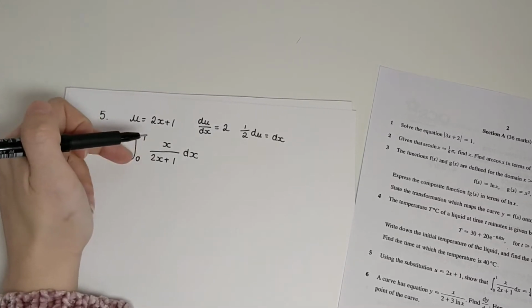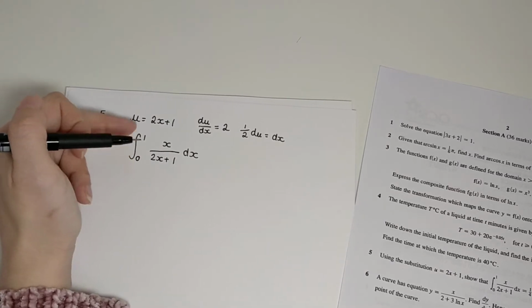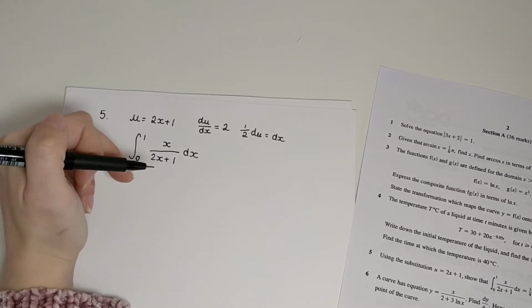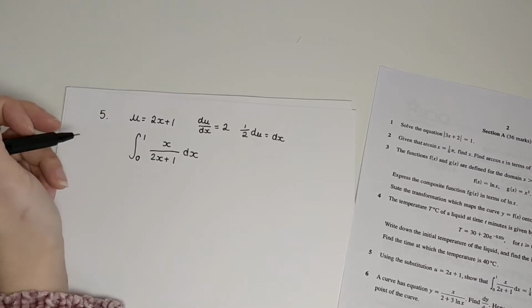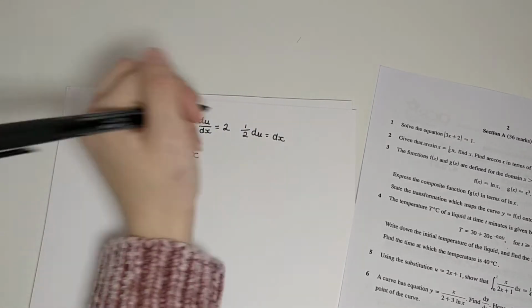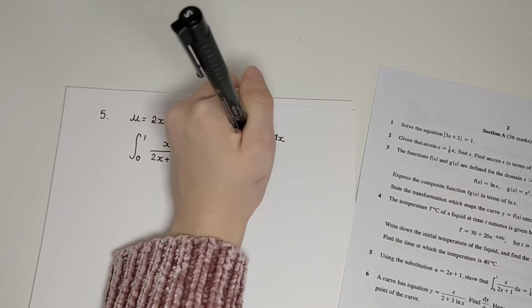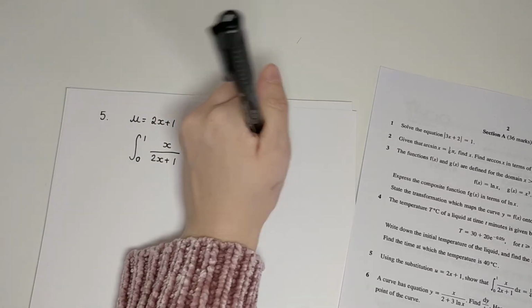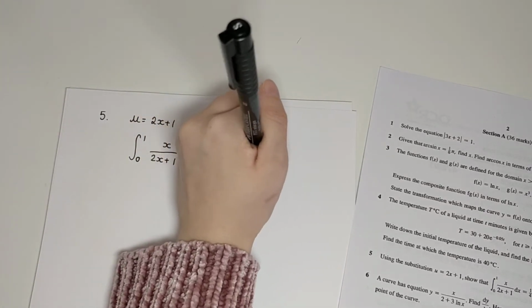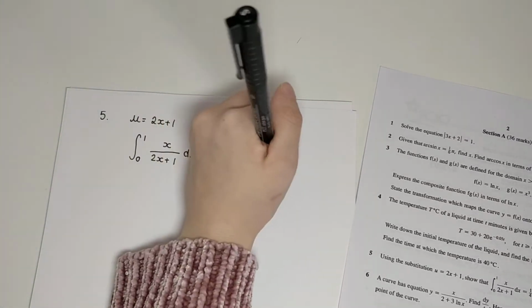You can change the limits at the start, or you can ignore the limits completely and at the end just change everything back to x and then keep the limits as they are. But I was always taught to change the limits. So when x equals 1, u would equal 3. When x equals 0, u would equal 1.